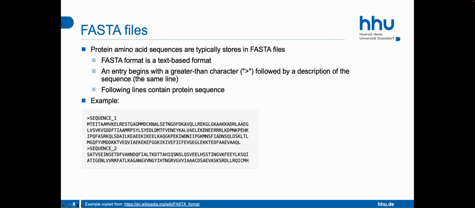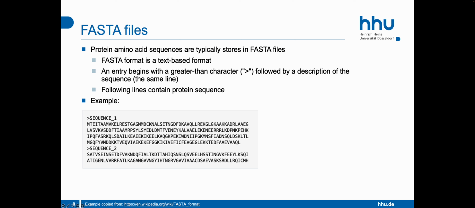We can store protein amino acid sequences in FASTA files. The FASTA format is a text-based format, which means that you can open and edit it with any text editor. Each entry in a FASTA file starts with a greater than character, followed by a description of the protein in the same line.